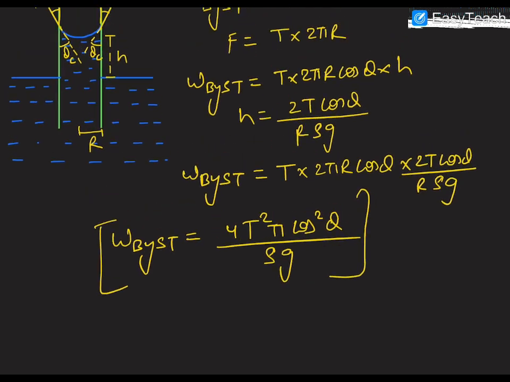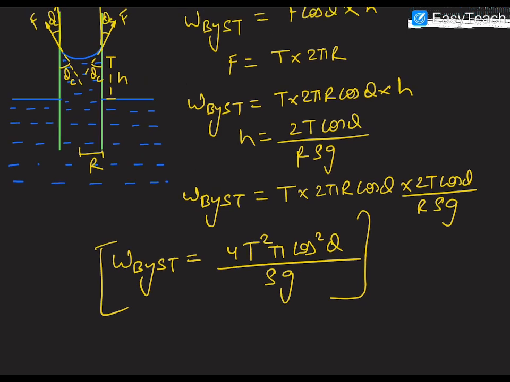Now you can also see that the potential energy of the water changes in the process, because this extra amount of liquid is being lifted up, and therefore it has some change in its potential energy.